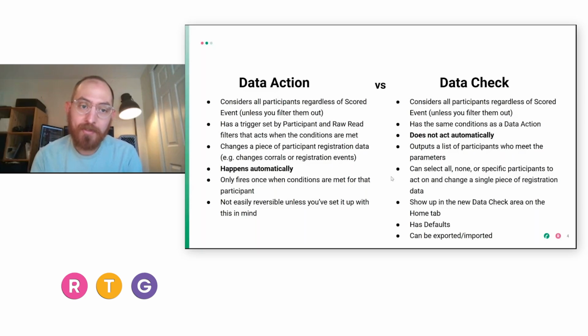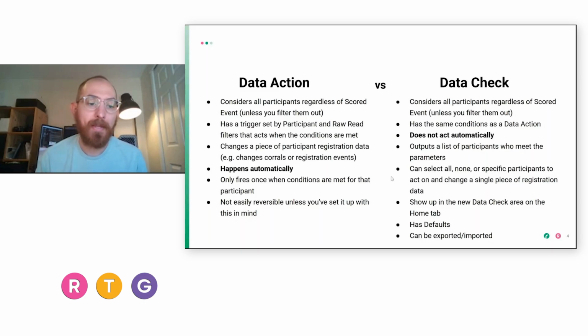So data actions find everybody that meets the condition, and as soon as the trigger occurs, it just makes the change. Whereas data checks, they give you a list, and then you can go through and manually change them all or select which ones you'd like to change. So effectively, they do the same thing, but how it's being done is different. Data actions happen immediately.